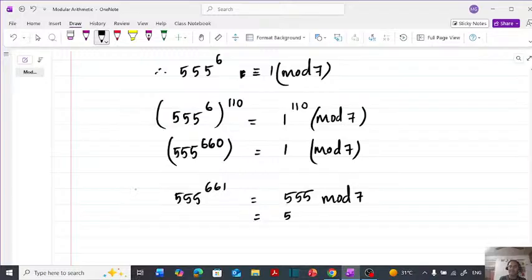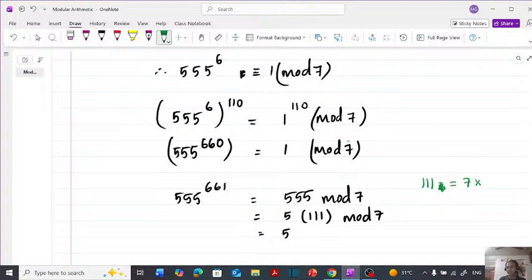So this is 5 multiplied by 111 mod 7. All right, so 111 itself is going to be, if you take 111 over here, how much mod 7? Yeah, so when you divide it by 7, you will get 7 times 15 plus 6.